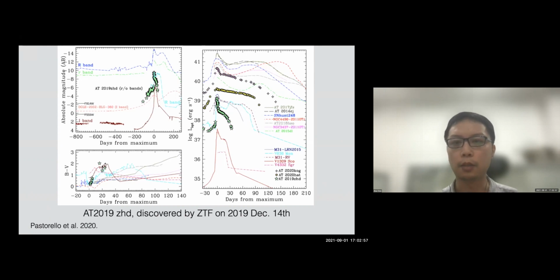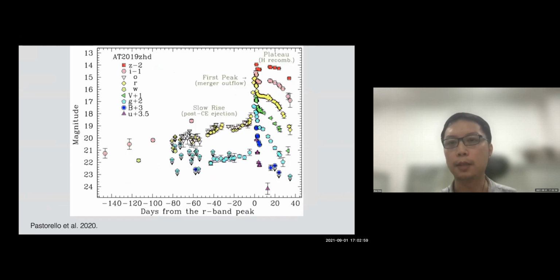It is well documented in the sense that we have a broadband light curve of it. The authors hypothesized, and we think it is true, that the hydrogen recombination, the H alpha, contributes to the plateau of the light curve.